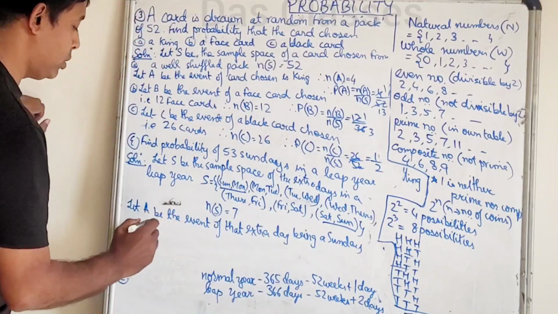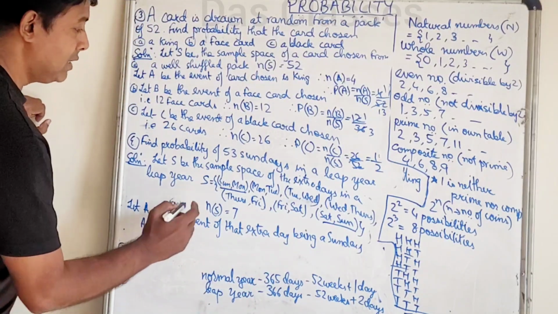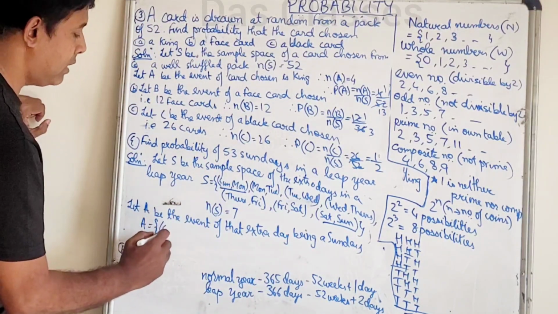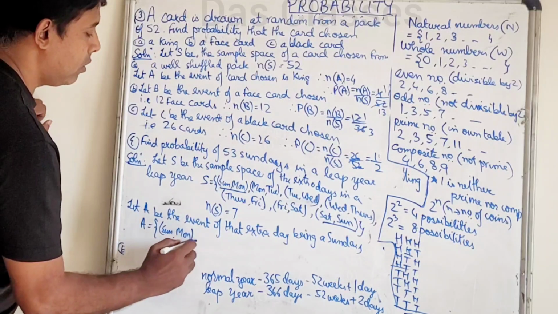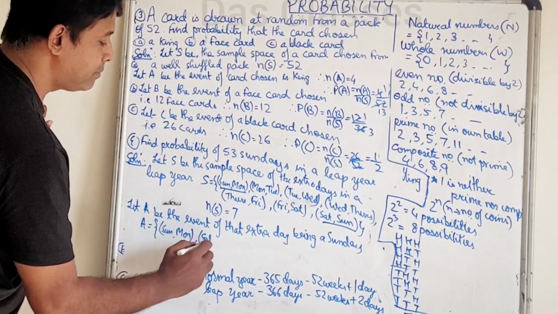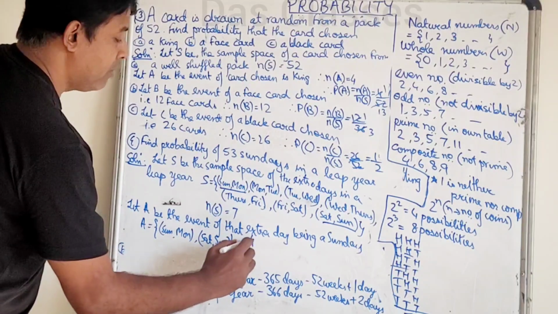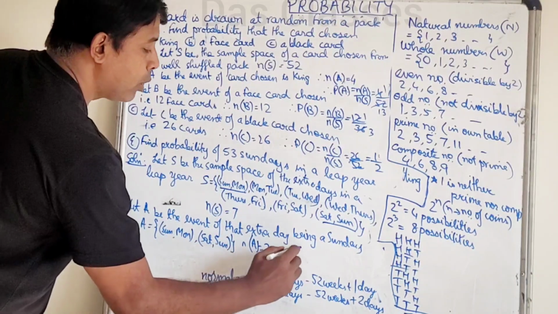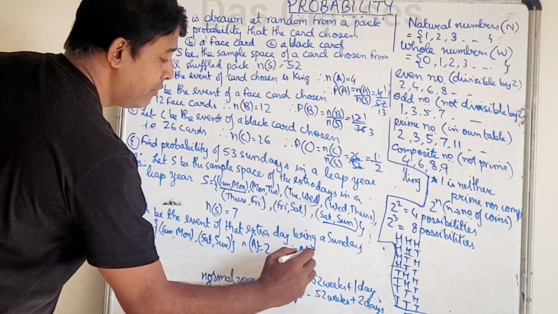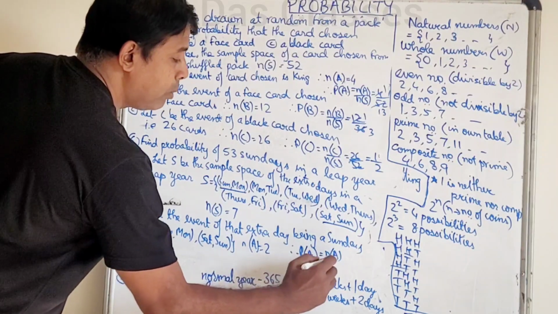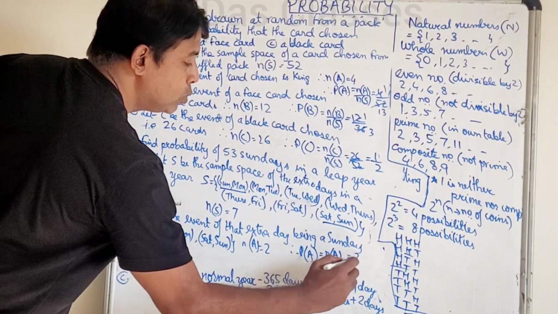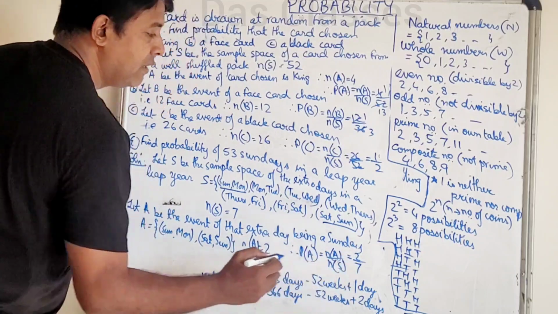So those possibilities are, see in the sample space, this one Sunday and Monday, or Saturday and Sunday. So the number of events is going to be 2. The probability of getting 53 Sundays is going to be Na upon Ns, that is 2 upon 7.